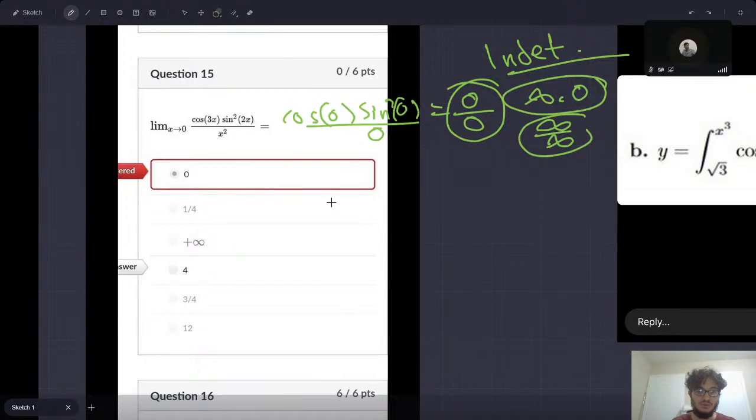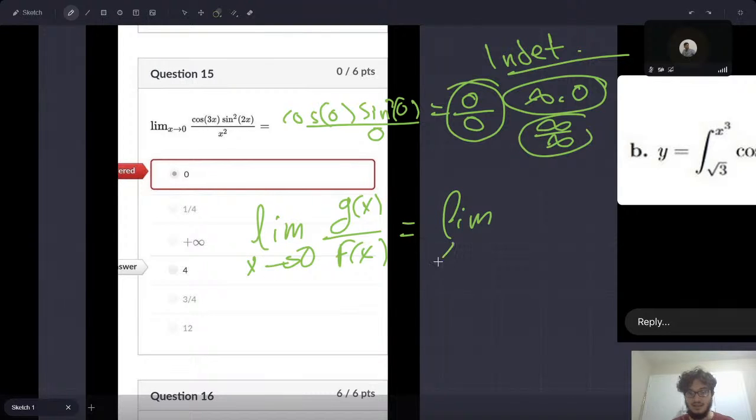L'Hopital's rule is that you take the derivative of the top function if it's g of x over f of x, and you take the limit as x goes to 0. This is equal to the limit as x goes to 0 of g prime over f prime. So take the derivative top and bottom. Notice on the top you have to do a double chain rule and a product rule.